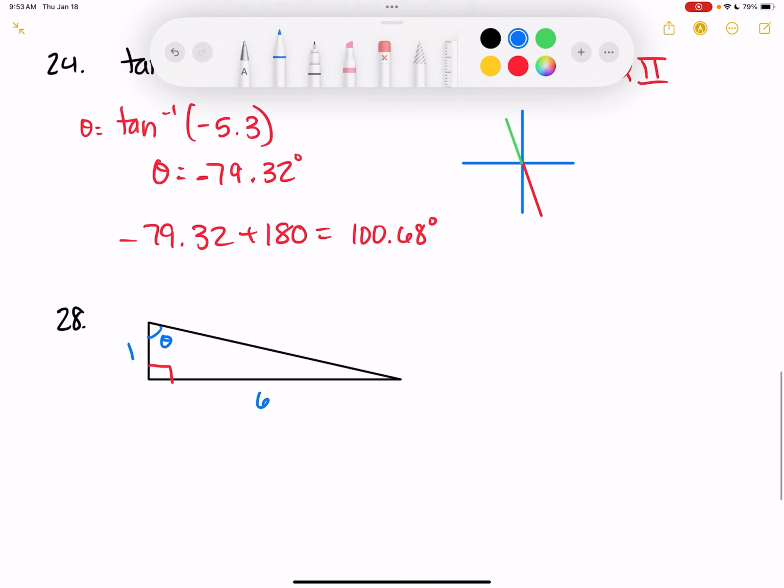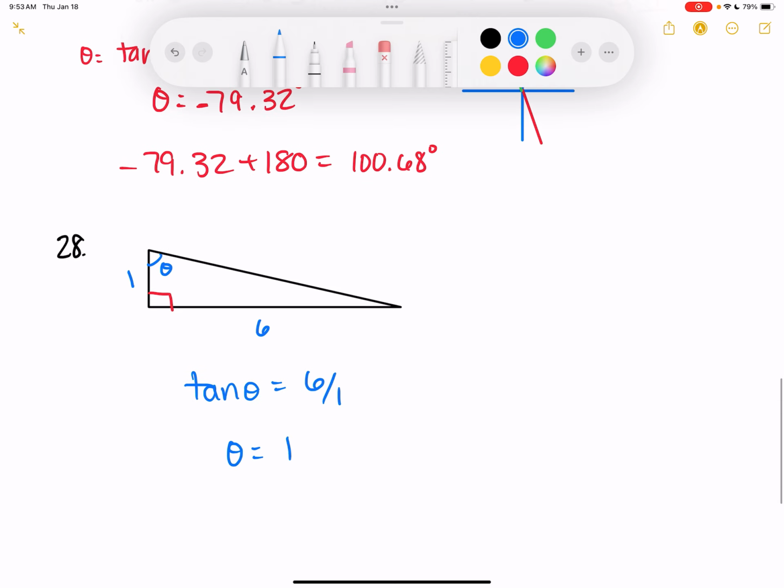So the tangent of theta is equal to opposite, so 6 over 1, which obviously I don't really need to write the over 1 part, but now I need to undo it. So if I'm trying to find theta, how would I undo that? Inverse, so I'm going to take the inverse tangent. So theta is equal to inverse tangent of 6, which is 80.54 degrees.